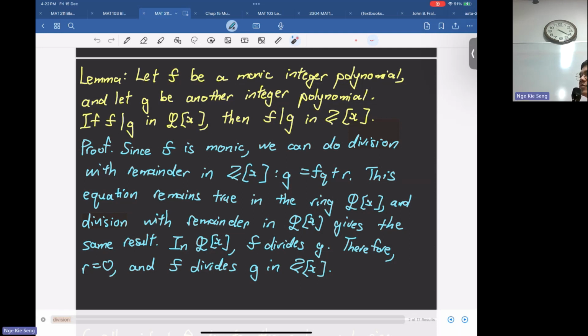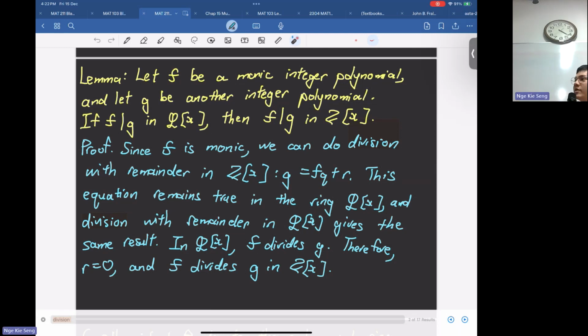This result, maybe you think it's kind of obvious, but it's important, very important if you go to Galois theory, to AA2.